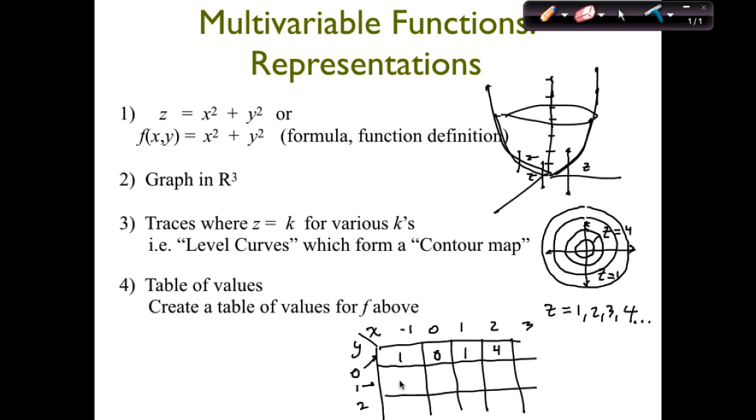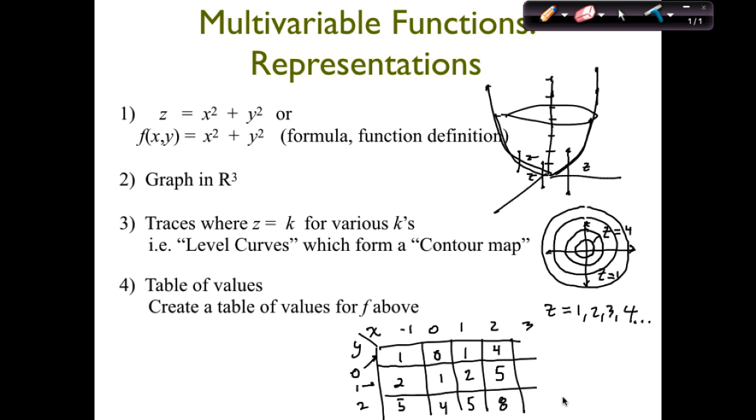X is 1 would give 2. X is 0, y is 1. Okay. Both are 1. X is 2, y is 1. 5, right? Y is 2, x is -1. 5, 4, 5, and both are 2, etc.